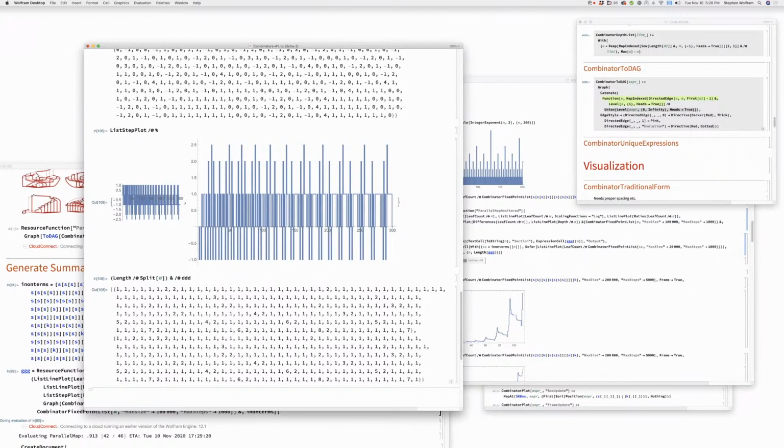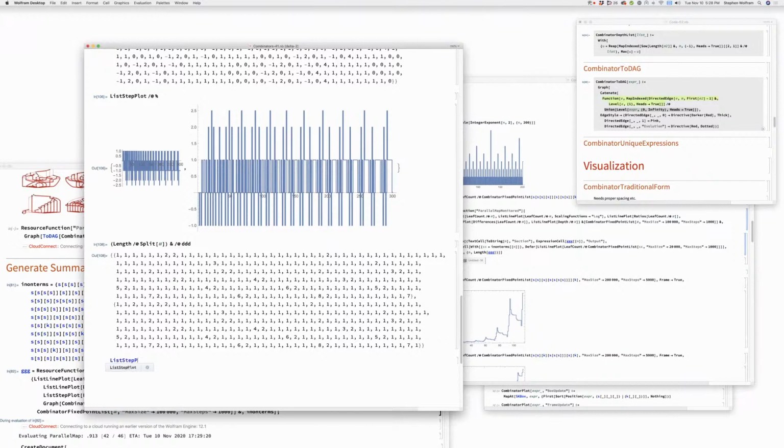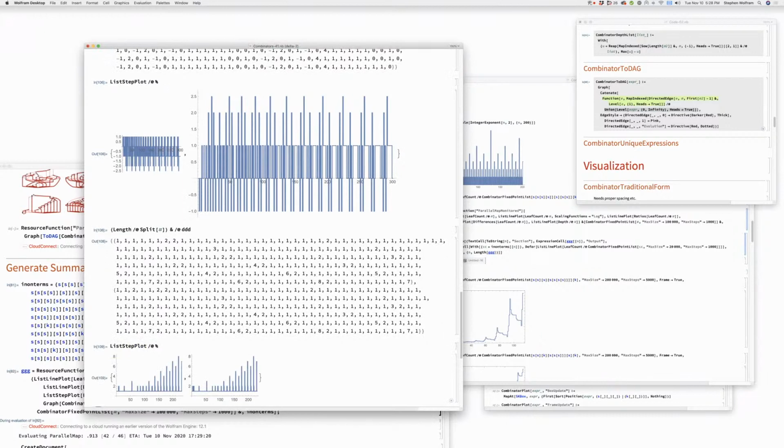Oh my gosh. Well, let's see. Let's look at these anyway. Well, that's beginning to show at least some regularity.